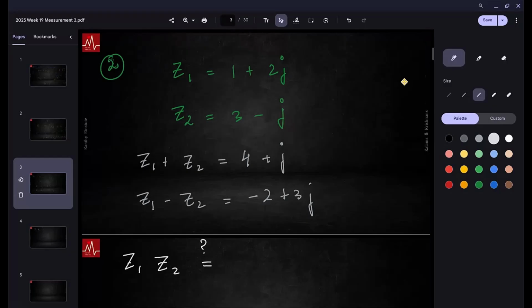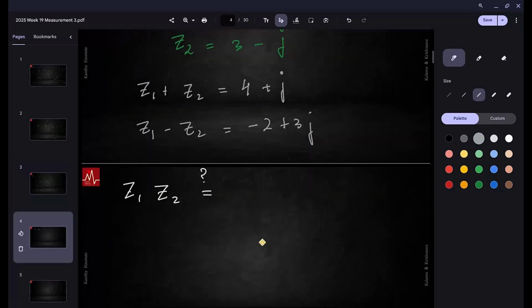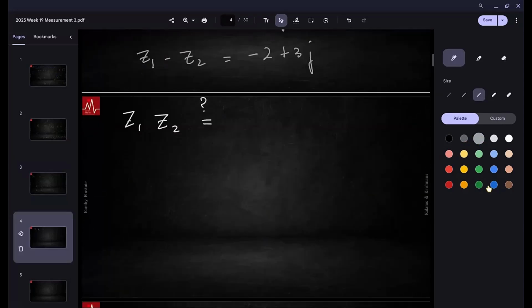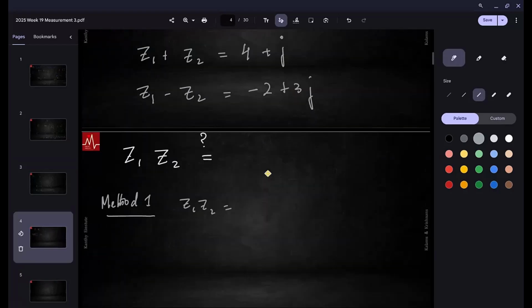Give me an answer. So one is, you can directly take this. This is method 1. Substitute the numbers, that is 1 plus 2j, 3 minus j.